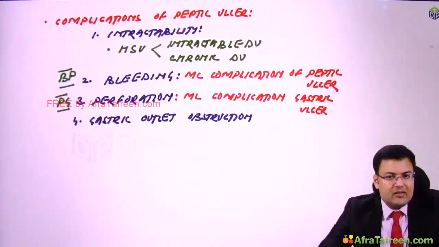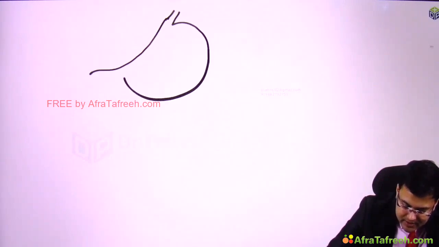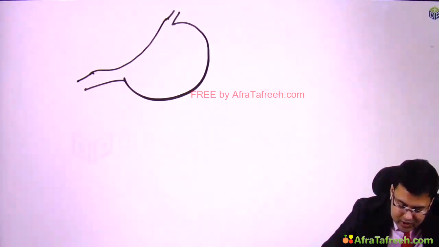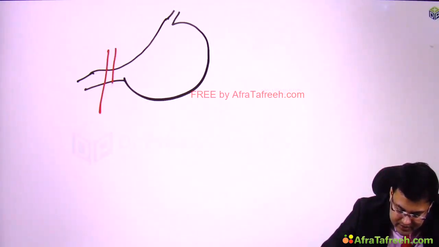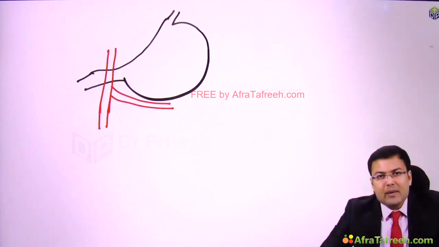I discussed the treatment of intractable duodenal ulcer. Now coming to bleeding and perforation in duodenal ulcer. If you see this simple diagram, this is the stomach and this is the first part of the duodenum. Now see the relation of this vessel. This is the gastroduodenal artery, and it passes just behind the first part of the duodenum.